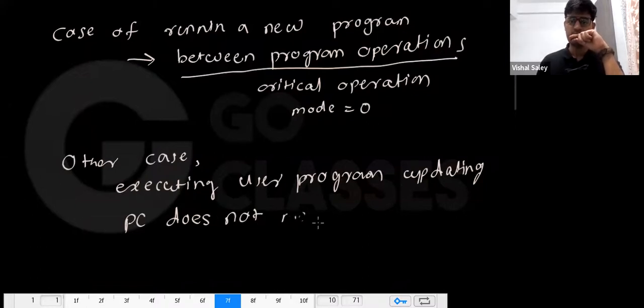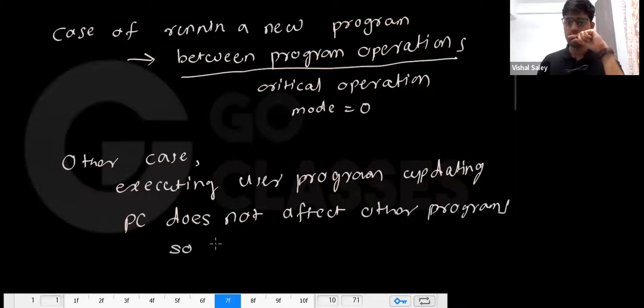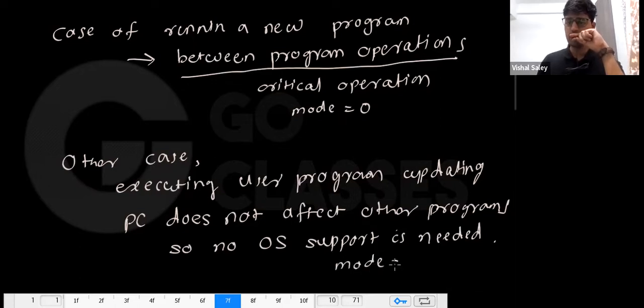It does not affect other programs. So no OS support is required, and this can happen in mode equal to 1.